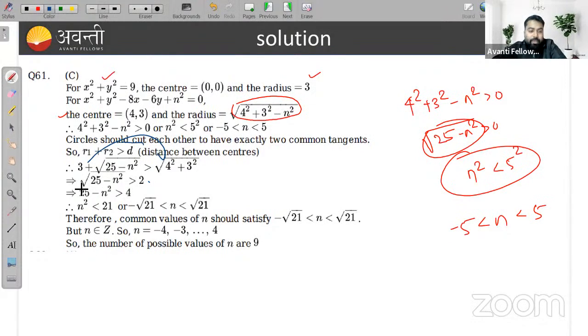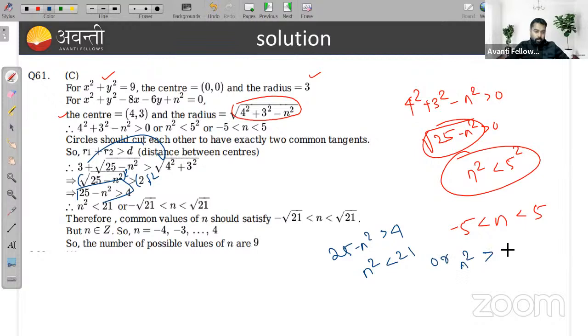Then if we square both sides, it becomes 25 minus n square is greater than 4. So if we solve this inequality, 25 minus n square is greater than 4, that means n square is less than 21, or n is greater than minus root of 21 and less than root of 21. Okay, so this is the answer.